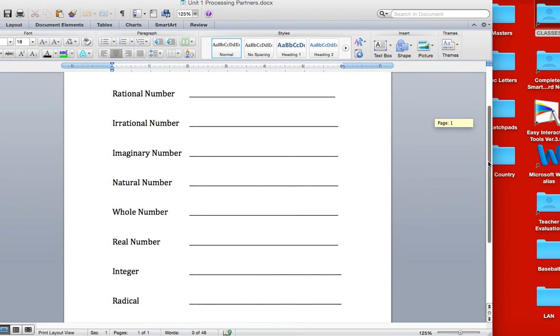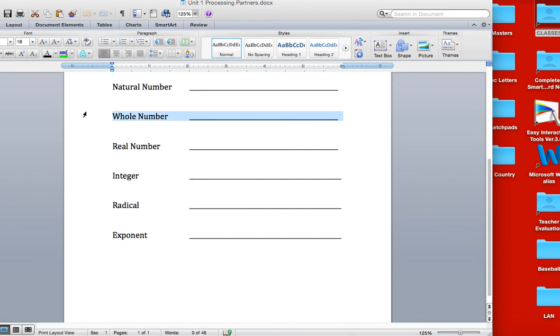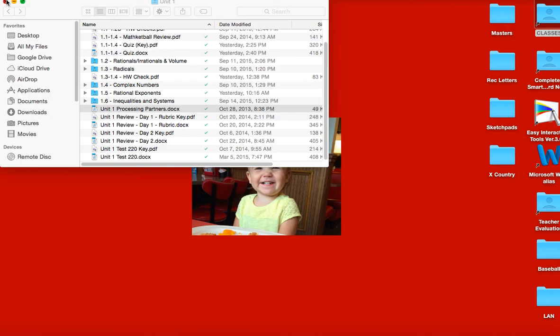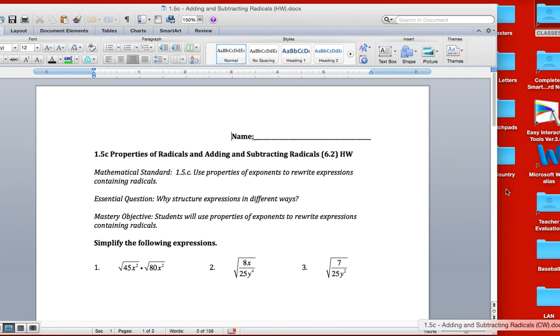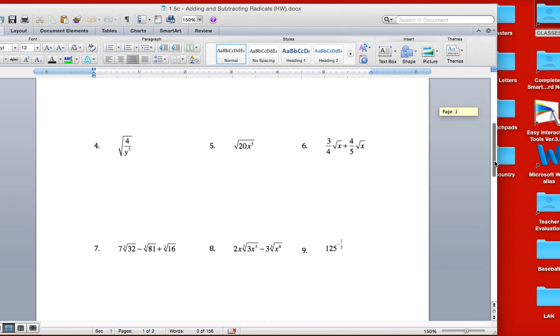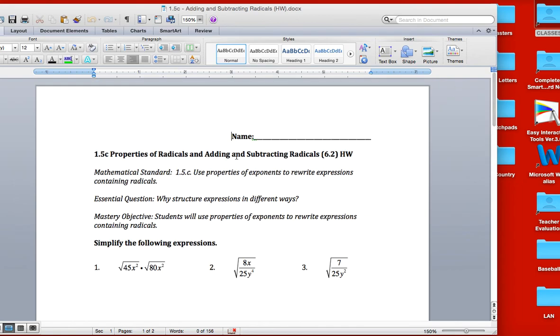Why don't you get with your, I don't know what we haven't done. Get with your whole numbers partner, even though it's not really what we're doing. And hopefully I'll finish around the same time so it works out. So get with your whole numbers partner, finish the classwork, and then your homework is all of these problems. So if you do finish the classwork, then by all means, you can do that.